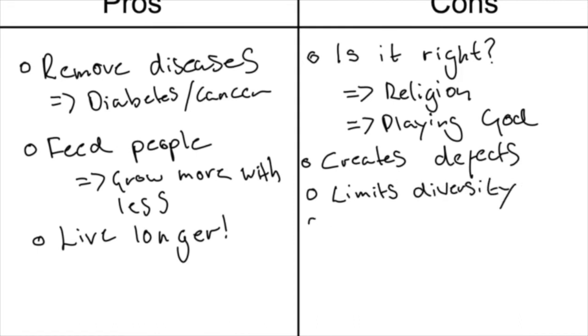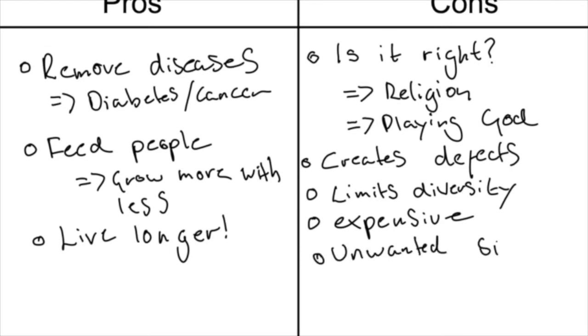And all of this limits the diversity. By making something very specific for us, it means there's less natural diversity, and it's an expensive process too. And the final one is that there might be unwanted side effects to all of this, things that we haven't considered. So let's have a look at this 6-mark question now.